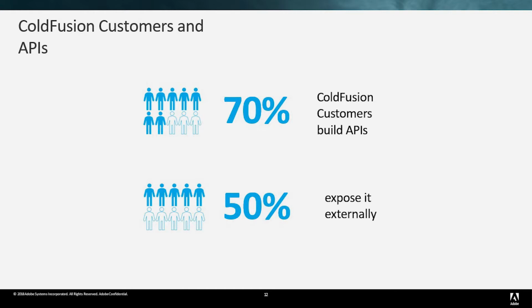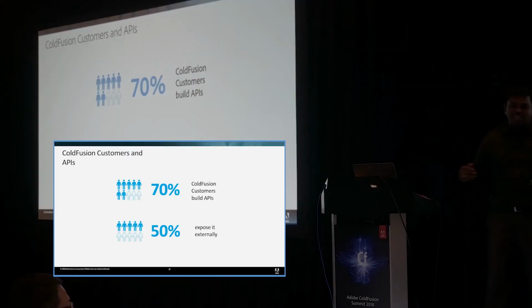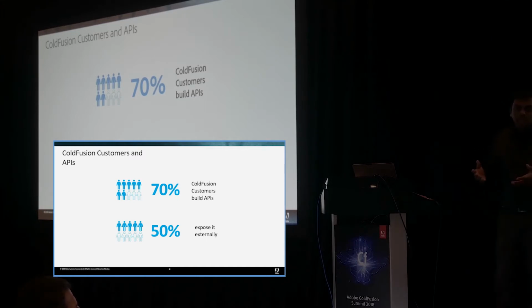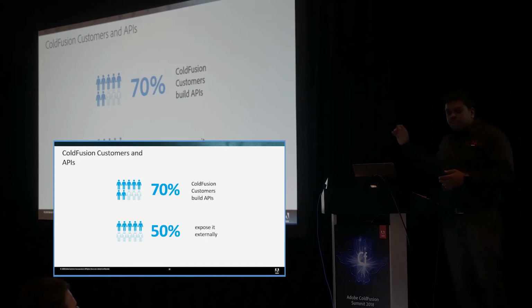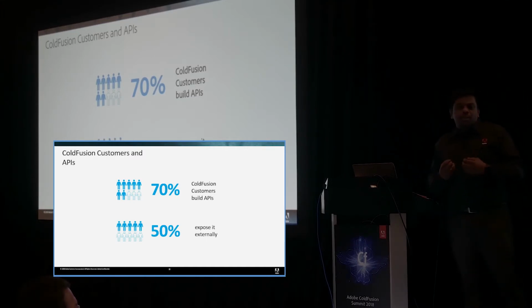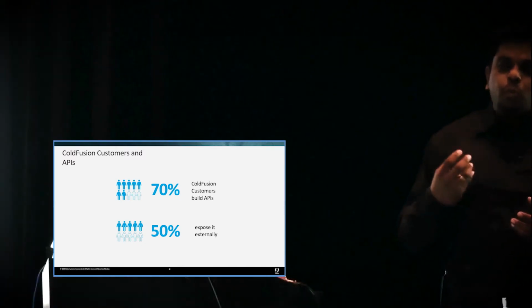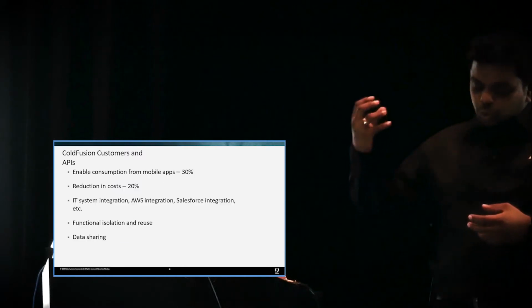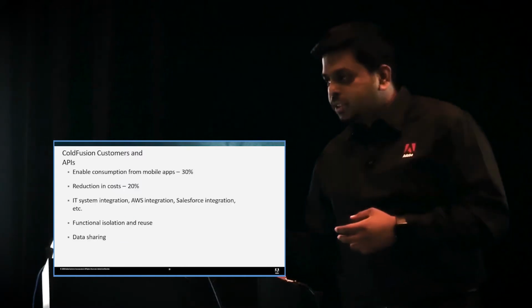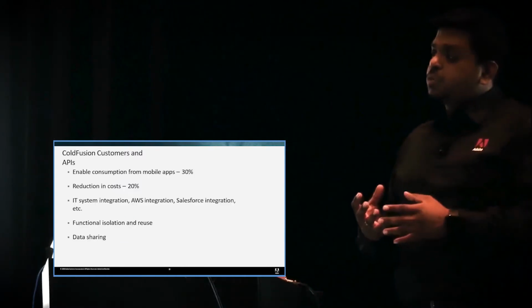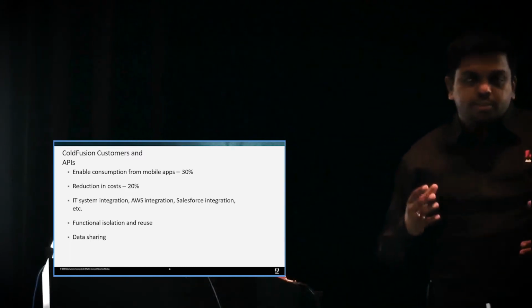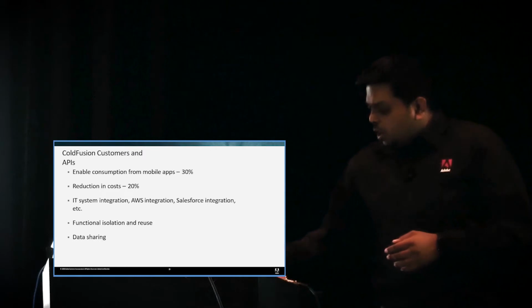So 70% of ColdFusion customers actually build APIs, and 50% of these customers actually expose them externally. And why is exposing an API externally important? It's because you have to deal with a whole set of new considerations that come into place when you're exposing an API publicly. We'll be looking at some of these considerations in a little while.